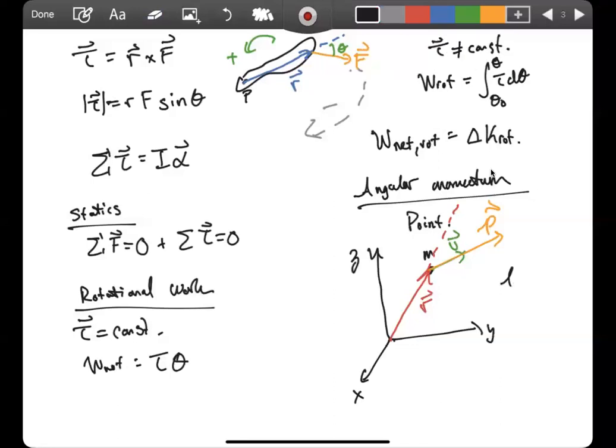So in this case, we say he has an angular momentum, which is then given by r crossed by p, similar to the torque, which is r crossed by F, or magnitude-wise, this is going to be r times p times sine of the angle, where again, the angle in this case is the angle specifically between the r vector and the momentum.